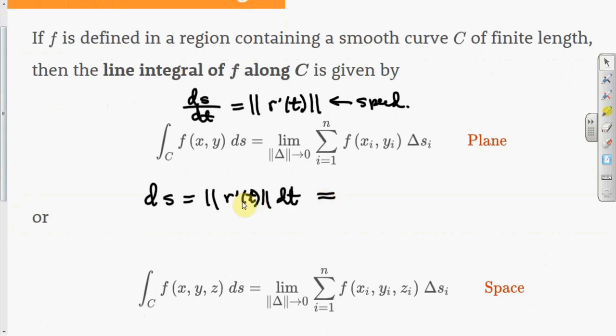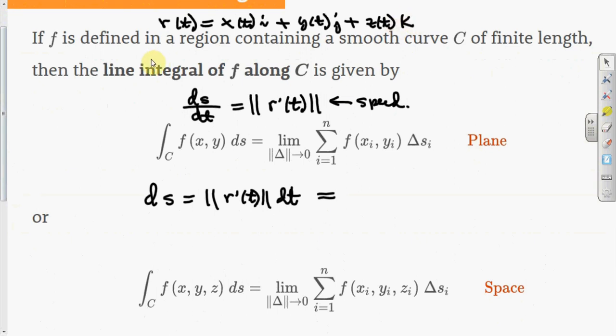You recall that the norm of r prime of t, if r of t is defined the way we defined it a few chapters ago, we can define it here as x of t i plus y of t j, if it's in the 2 space, if it's in the 3 space, plus z of t k.